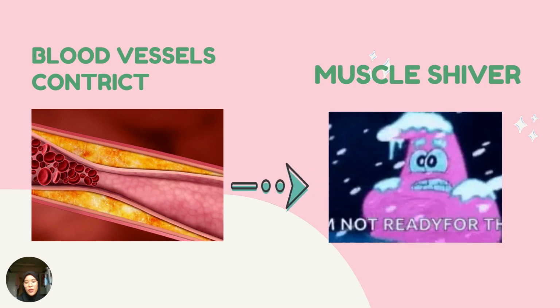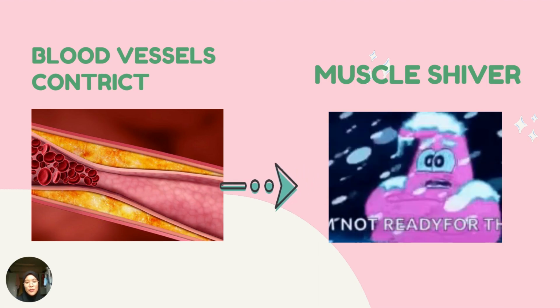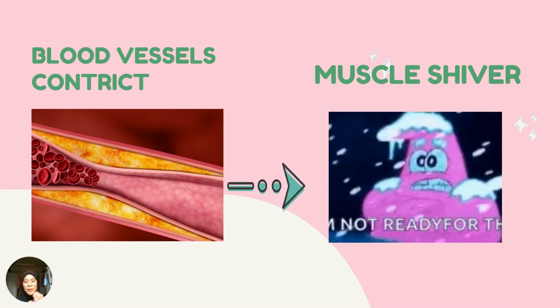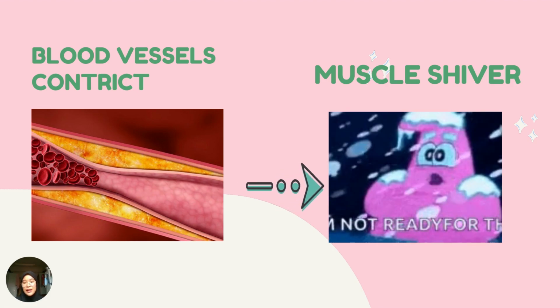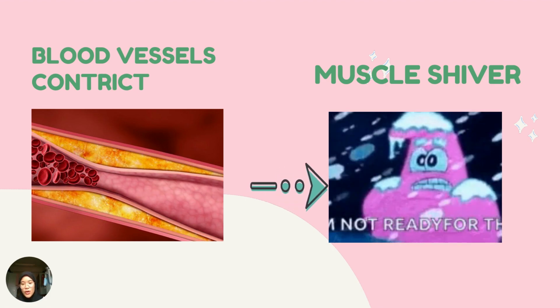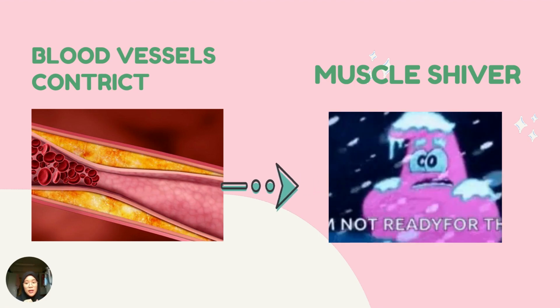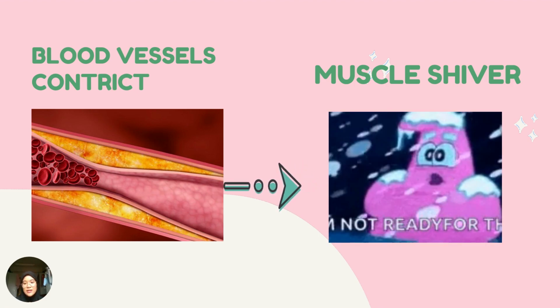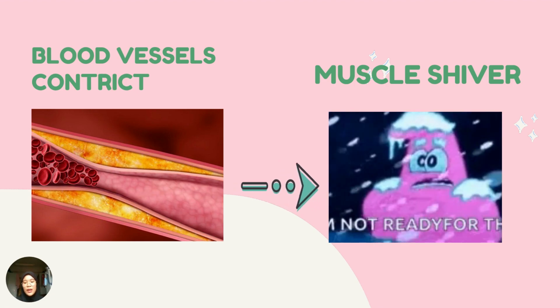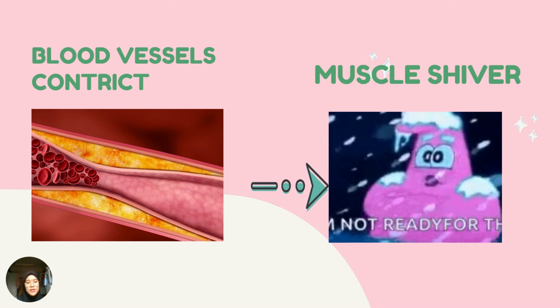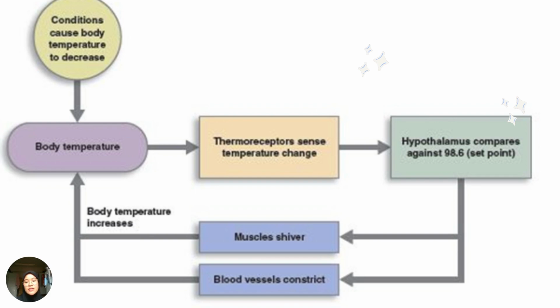This decreased blood flow to our skin helps to retain heat near the warm inner body. Adrenal glands secrete stimulatory hormones such as norepinephrine and epinephrine to increase metabolic rates and hence heat production. This effect causes body temperature to increase back to normal. The hypothalamus is no longer stimulated.